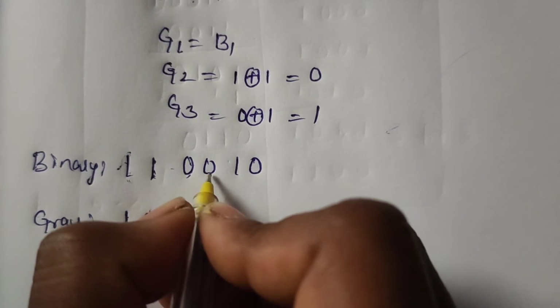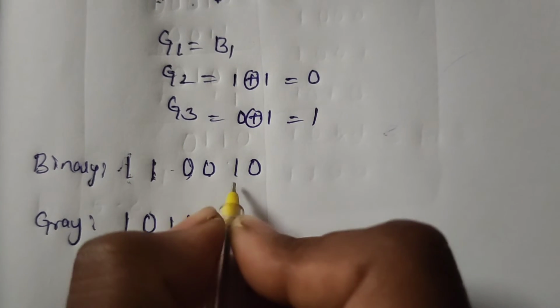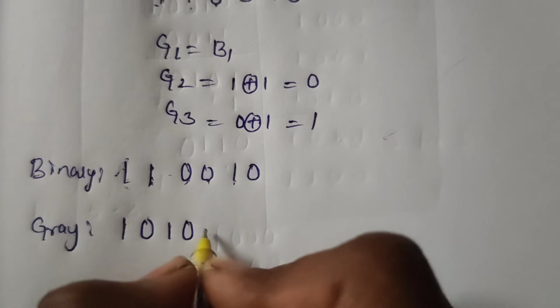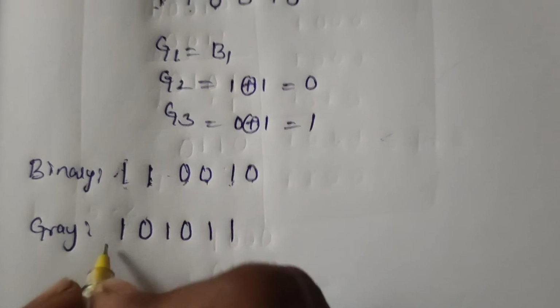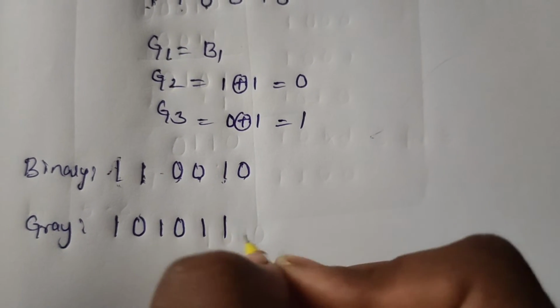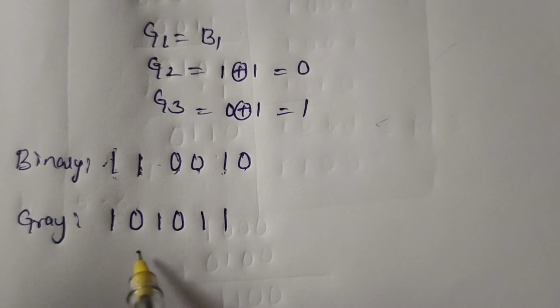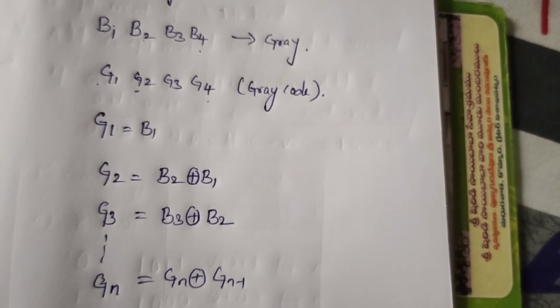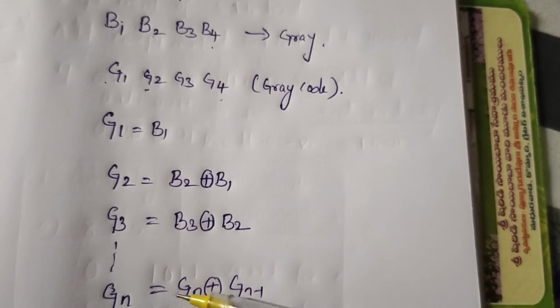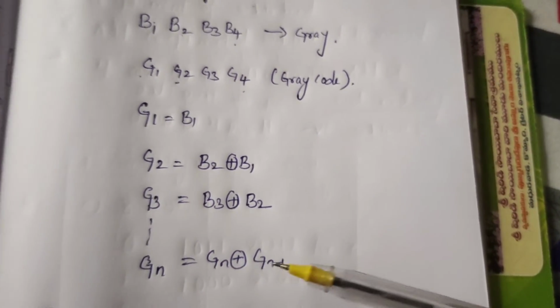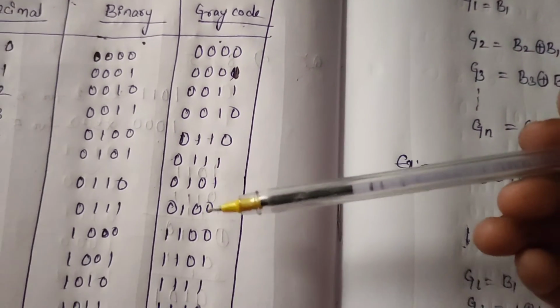XORing the fourth bit with the third gives 0, the fifth with the fourth gives 1, and the sixth with the fifth gives 1. So this is the process to obtain the gray code. From these conversions of binary to gray using this formula, we can know how the gray codes are obtained in this table.